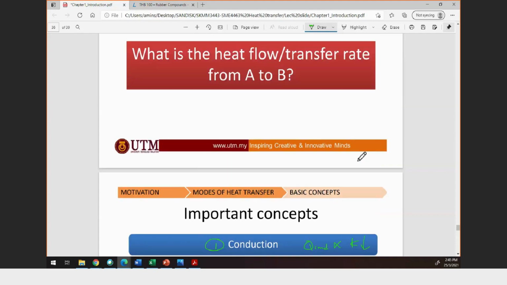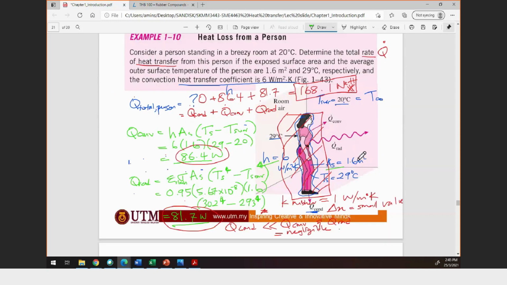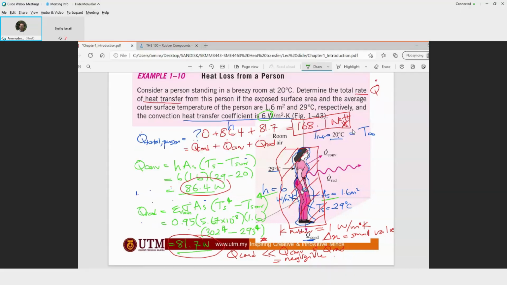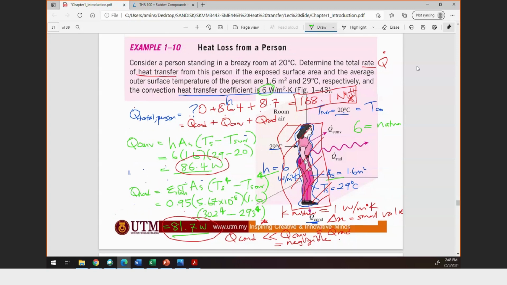For example, if you look at the h value here, it is 6. Because 6 is normally considered natural convection, or free convection.